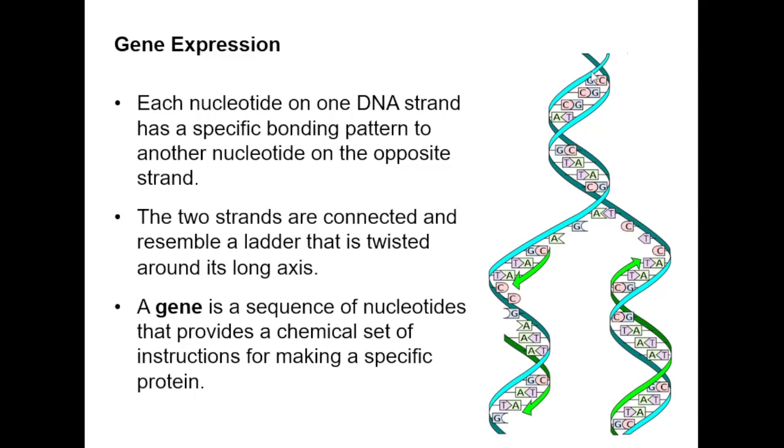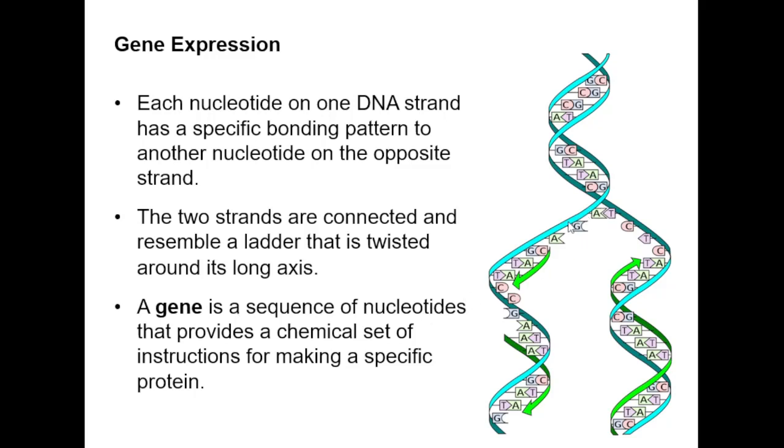So these strands will then be connected and it will resemble a ladder that will be twisted along its long axis, forming the classic double helix of the two DNA strands. All right? Now, a gene is a sequence of nucleotides that provides a chemical set of instructions for making a specific protein.